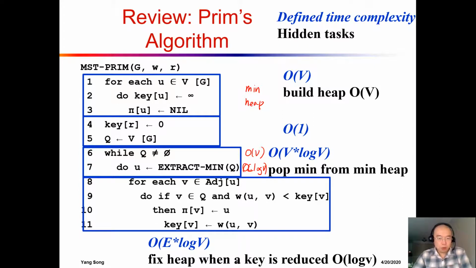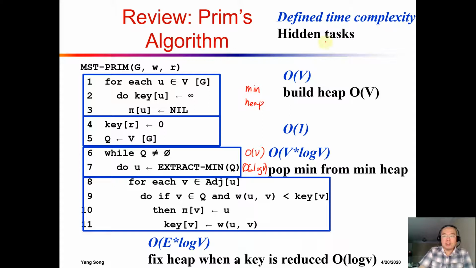Okay, and then the last part. If I ask you how many edges we are going to visit, what is your answer? This is an undirected graph, right? We have a total of E edges, and for this for loop, how many edges are we going to visit in total? You will say there are E, but actually there are 2E.